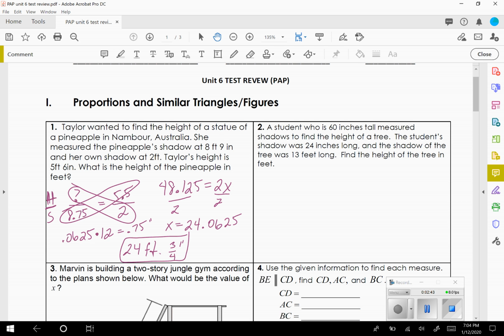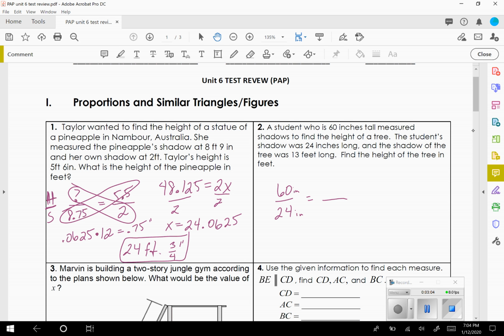Okay. A student who is 60 inches tall measured shadows to find the height of a tree. The student's shadow was 24 inches long. So again, we'll do height to shadow. So 60 inches to 24 inches. Okay. So these are in inches.